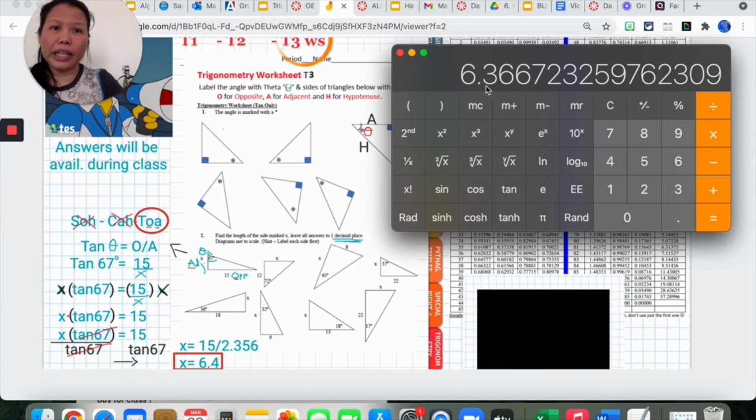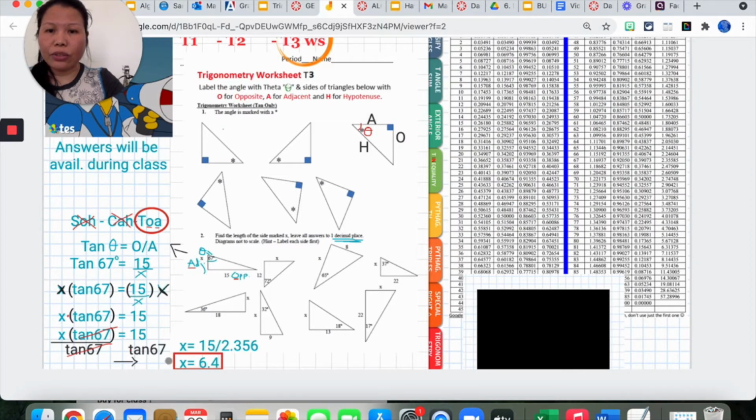So we only need 6.3, and I'm looking at the number to the right of that. We're rounding to the tenths place, and the number to the right of the 3 is 5 or higher. I round up and I add 1 to the 3. I will get 6.4 as my answer, and that's the answer that you see in the box, 6.4.